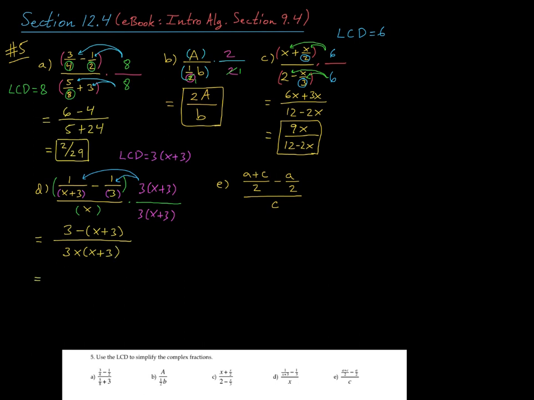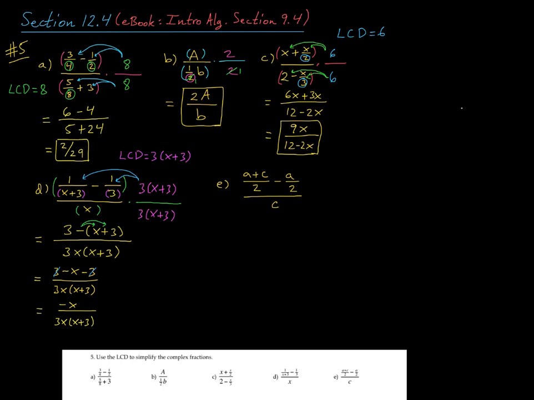Okay, great. And so now let's go ahead and clean up this numerator, and I'll start by distributing this negative. And so I'll have 3 minus x minus 3, and then we're dividing all that by 3x times the quantity x plus 3. And then these 3's are going to drop out, so we'll be left with negative x over 3x times x plus 3.